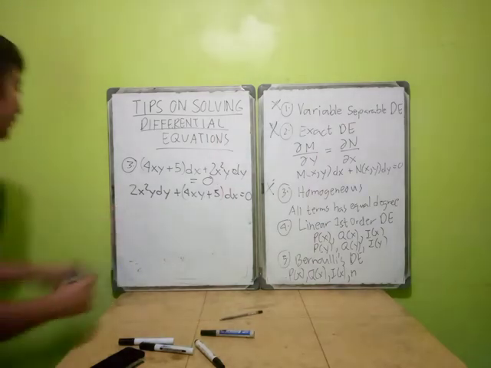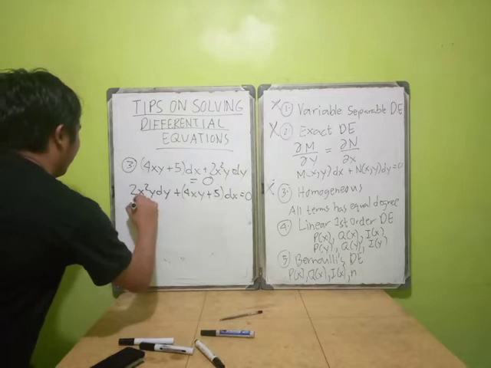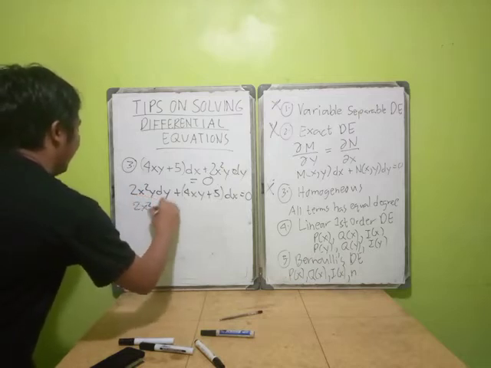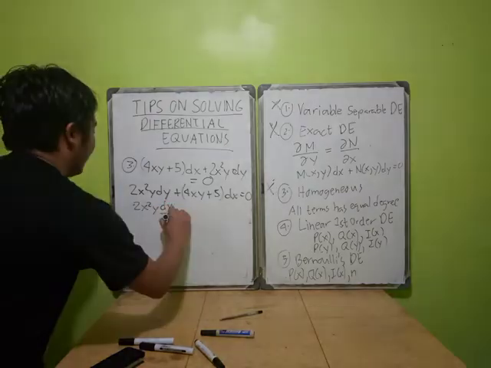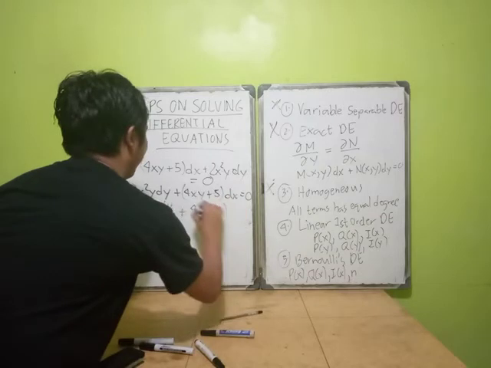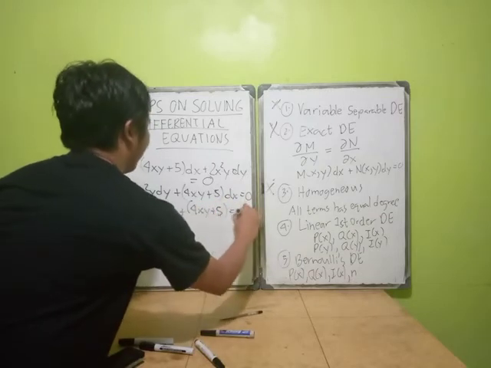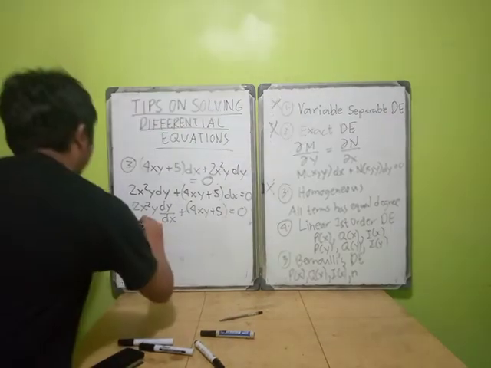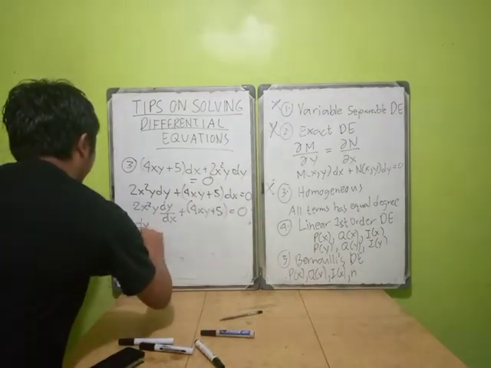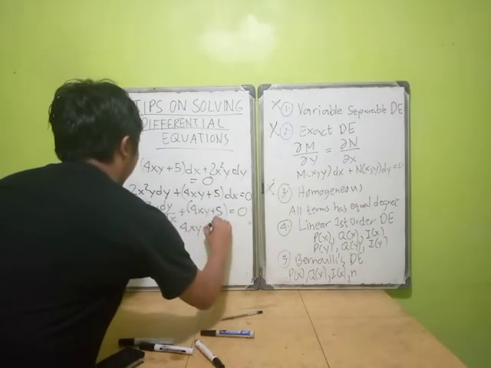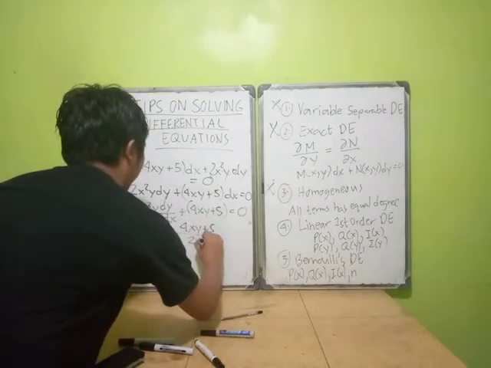Okay? So, 2x squared y dy over dx plus 4xy plus 5 equals 0. Dapat maging dy over dx to siya. Divide natin ito by 2x squared y.